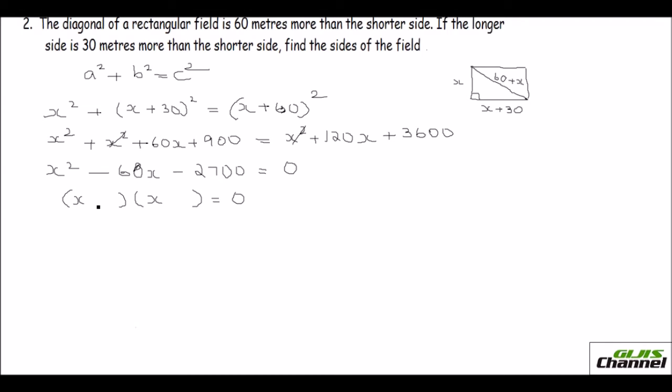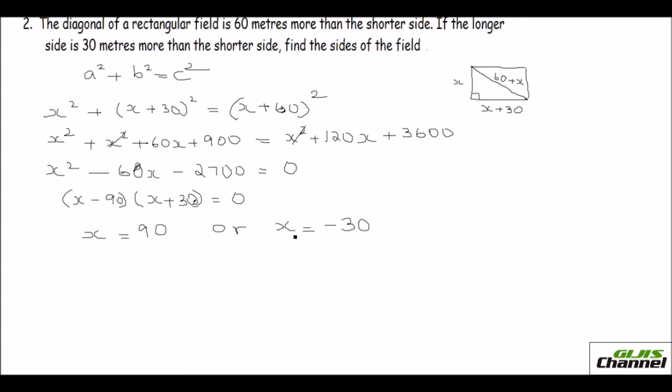I take minus 90 and plus 30. When you multiply, you get minus 2700, and when you put them together, you get minus 60. So this is done. I get x minus 90 equated to 0, so x equals 90, or x can be equal to minus 30, right?